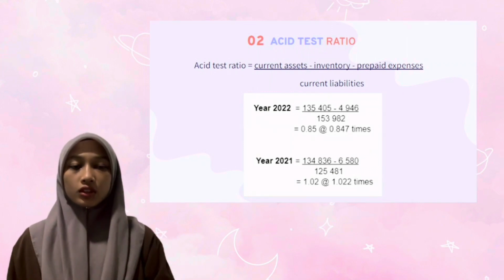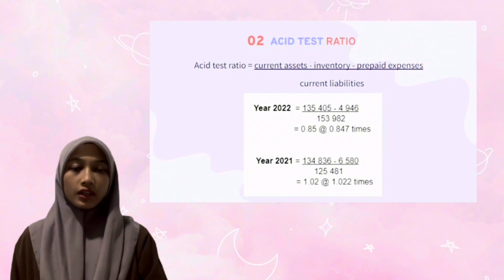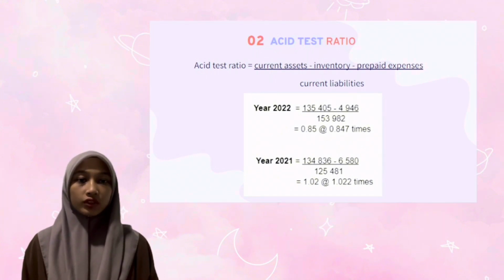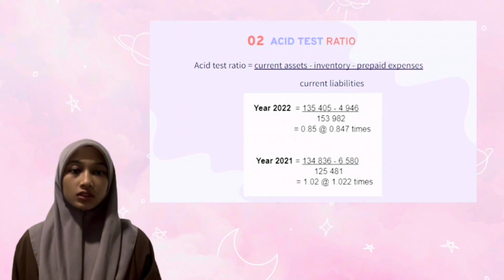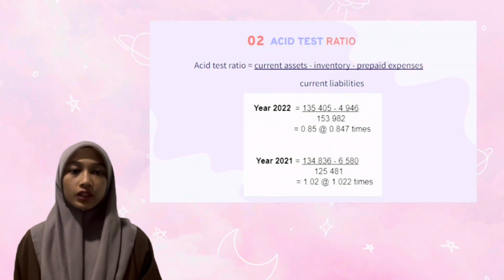In 2022, we calculate current assets of $135,405 million deducted with $4,946 million and divided with $153,982 million. The total is 0.85 times.